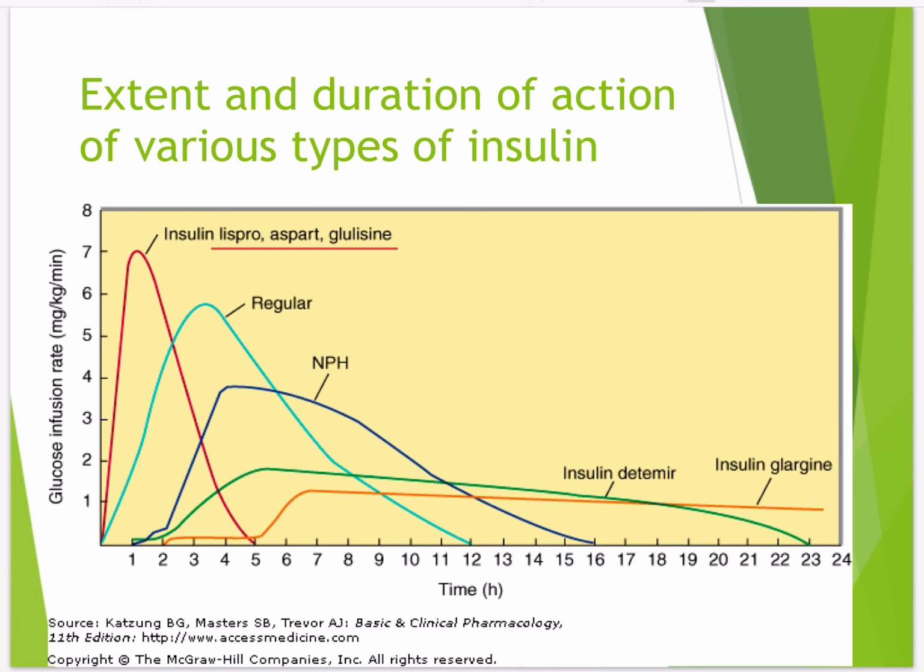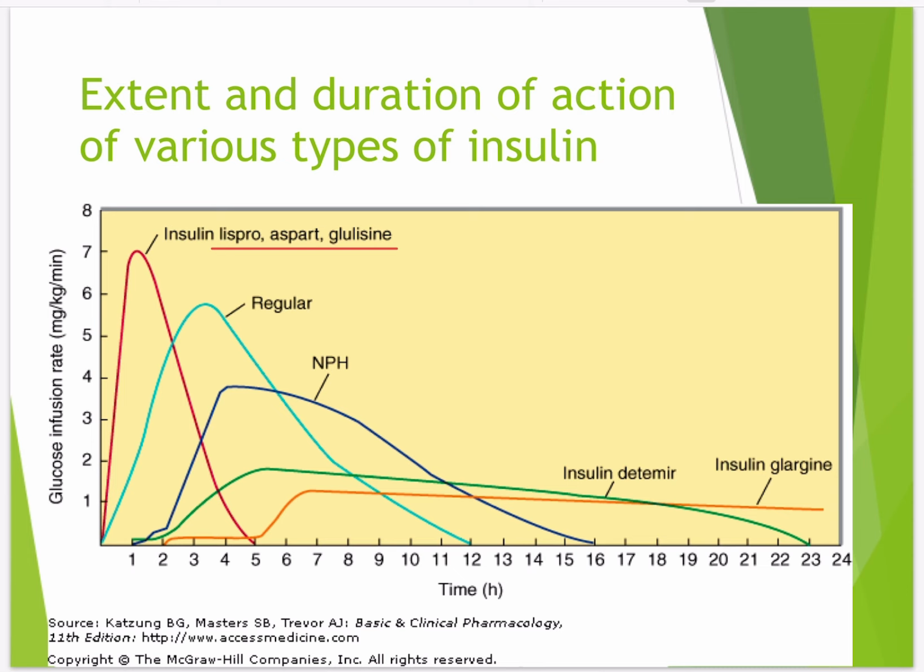Glargine is usually given once daily because it is for the maintenance of blood glucose, and insulin glargine results in less hypoglycemia and provides better control once daily over 24 hours.